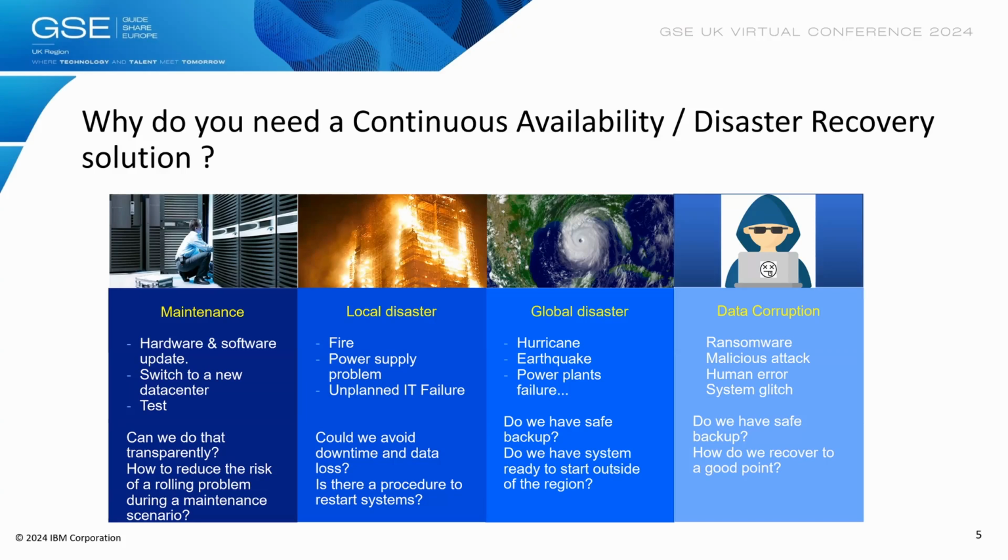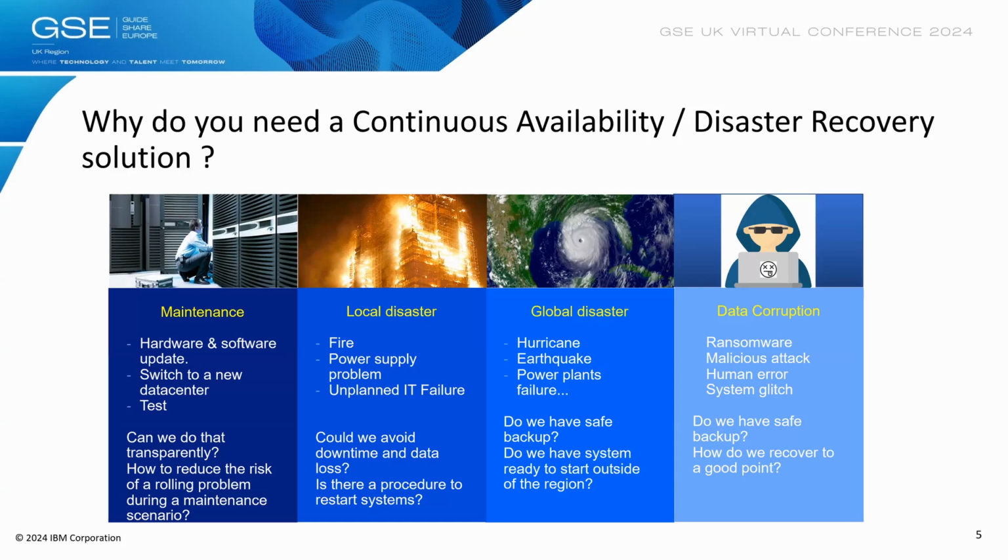It is important to mitigate or even eliminate the impact of disruptive events for your IT. And this event could be, for instance, maintenance, such as hardware or software update, data center switch, test, and so on. And these operations must be transparent and not disrupt the business operation. So how to achieve them transparently, how to reduce the risk of introducing new issues during a maintenance scenario, that's of course the main challenge.